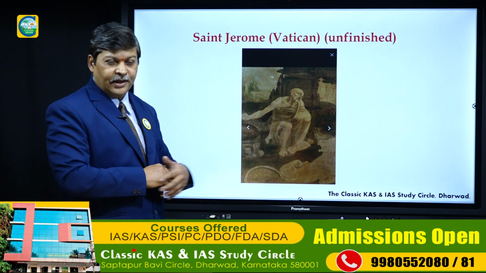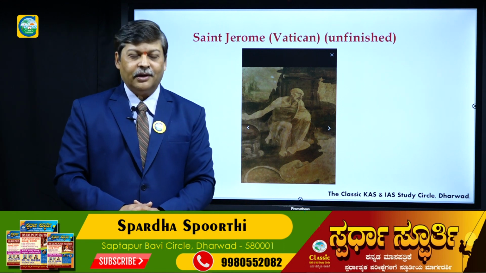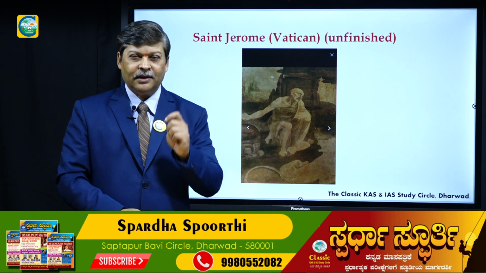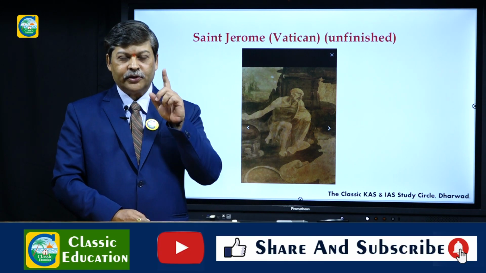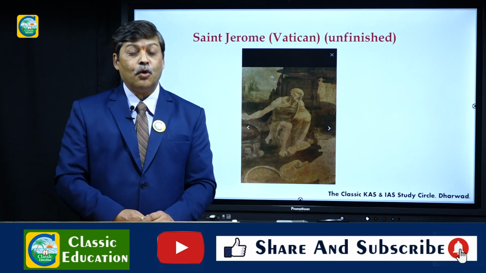This is in the Vatican. Vatican is a country, as you know, the smallest country in the world. It was in 1929, by the Lateran Treaty, when Mussolini was the dictator of Italy, that a new city for the residence of the Pope was created.